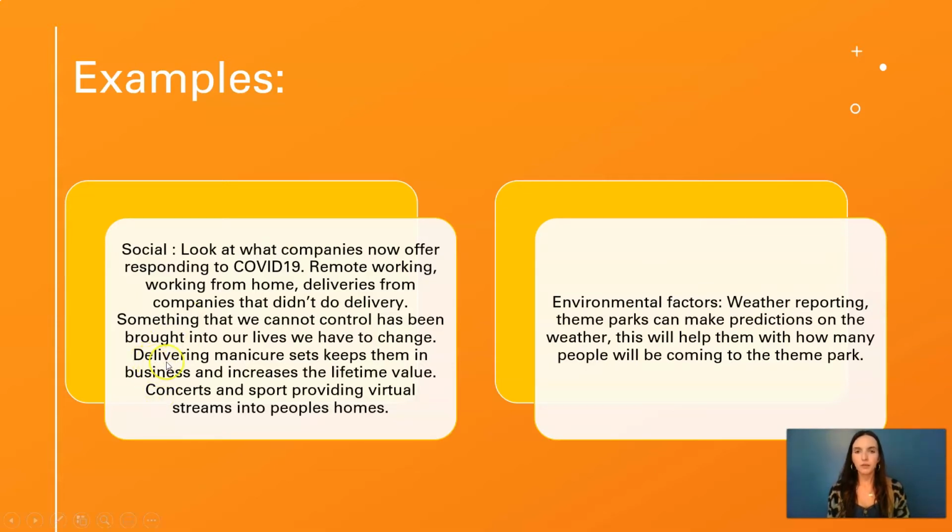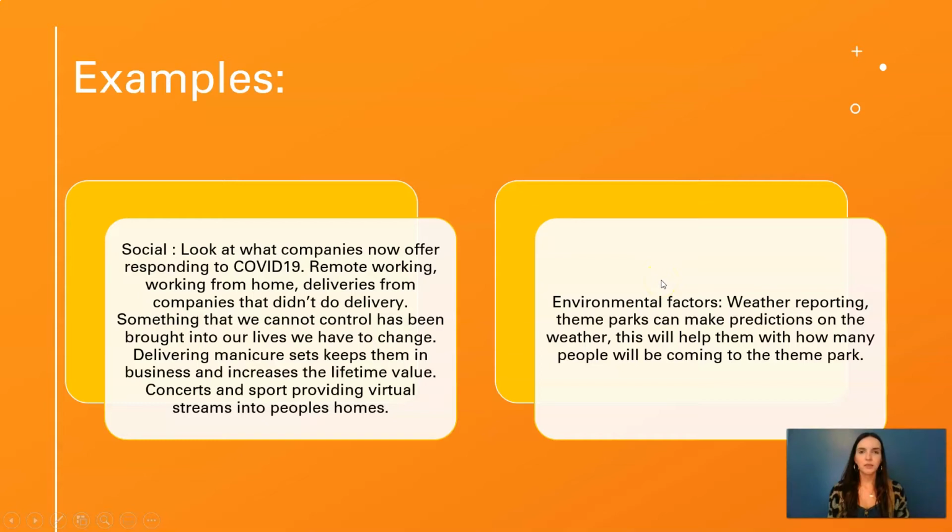Other companies, such as beauty salons, are delivering manicure sets to keep them in business. This not only offers the service to the community and to their customers, but it also increases the lifetime value. Concerts and other events have been providing virtual streams into people's homes using technology. These are all responses to things that are going on in the world right now to improve social factors.